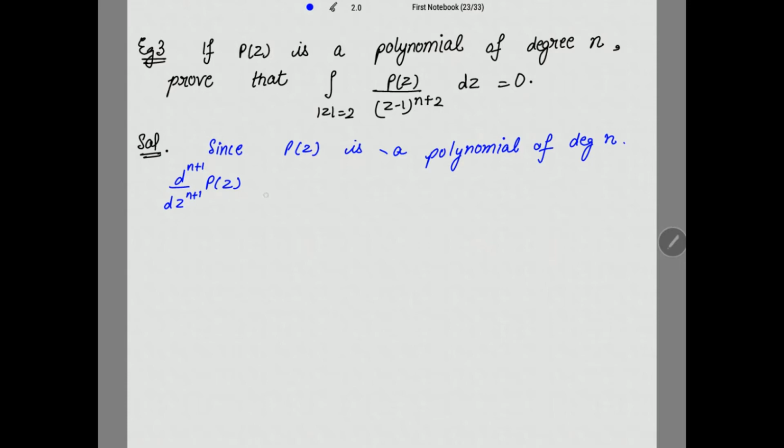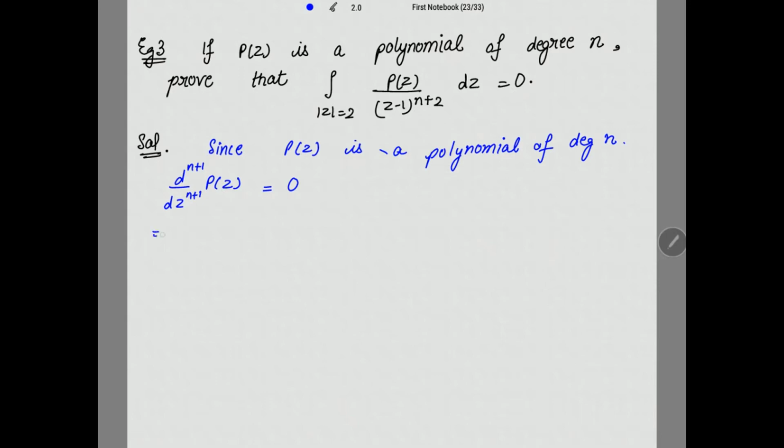Okay. So what is the n? Now this is equal to, as this polynomial is of degree n, the n plus 1th derivative will be 0. So the n plus 1th derivative for pz will be 0, because pz itself has a degree n.